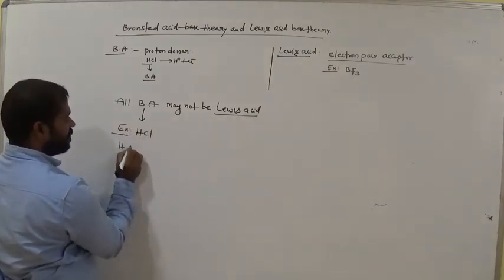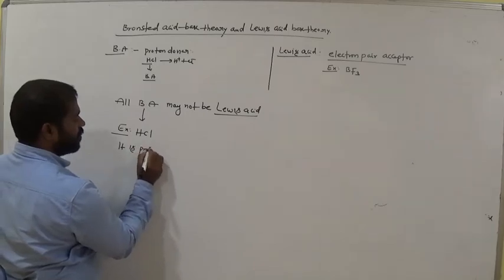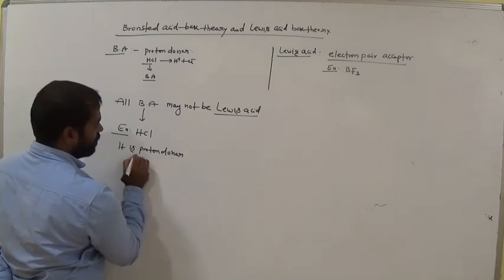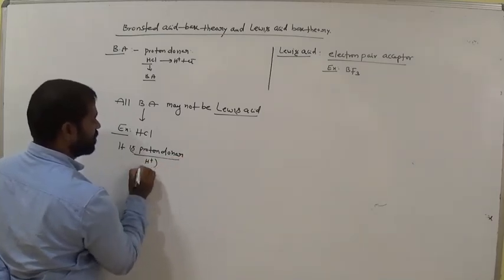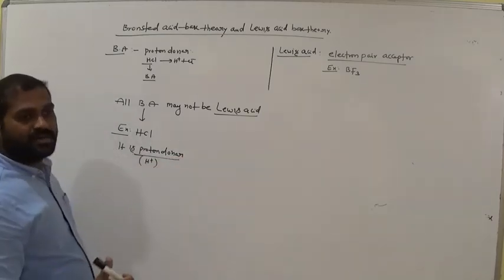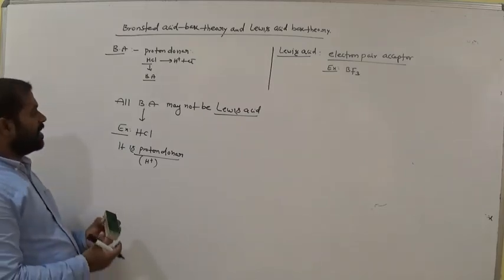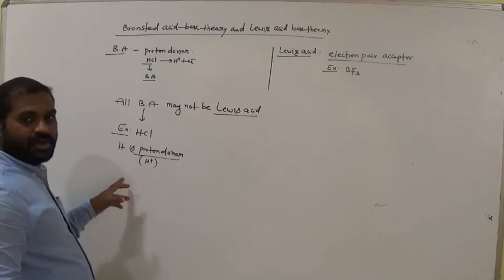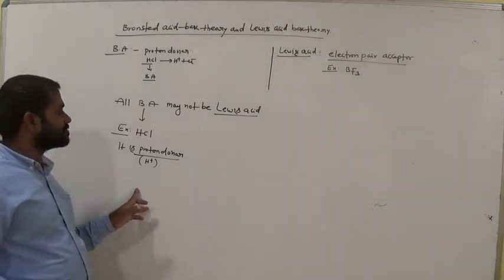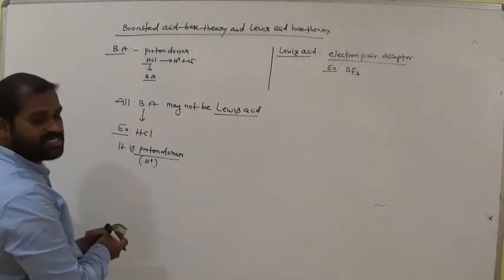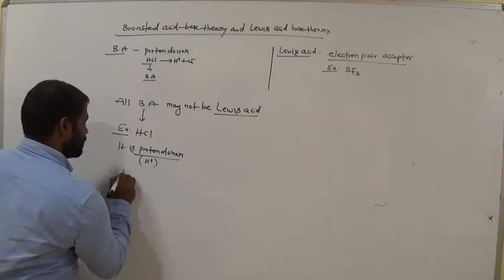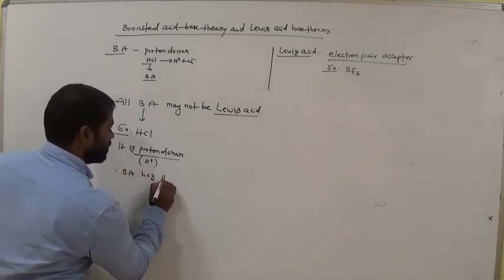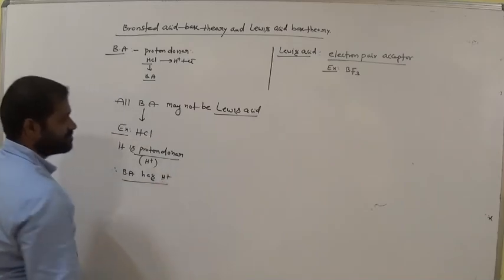It is a proton donor. Proton means H plus donor. If any compound donates H plus, it is called a Bronsted acid. That means a Bronsted acid has H plus, am I right?